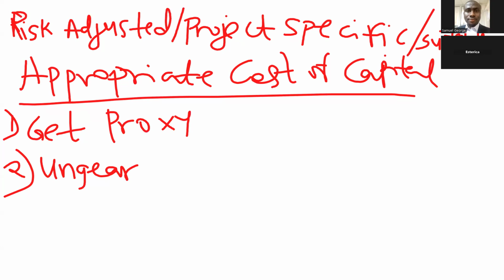What we are referring to there is that, yes, you have a company. The company is already producing flour. All of a sudden, you want to start producing sugar. Flour industry is different from sugar industry. So to do that, you want to appraise the project.